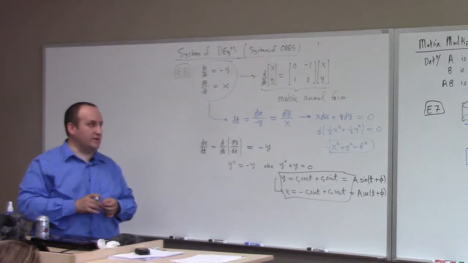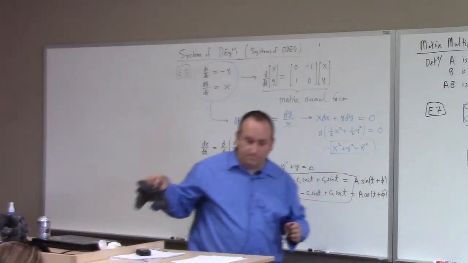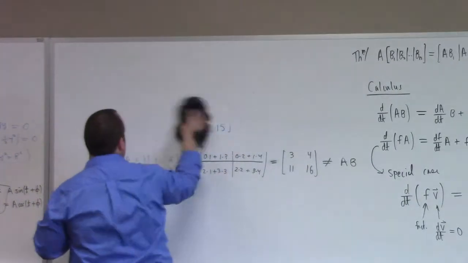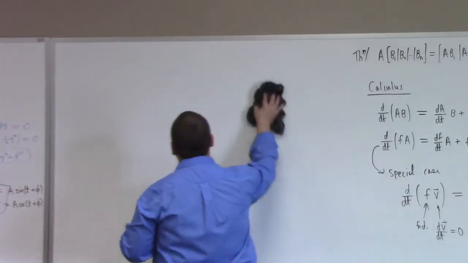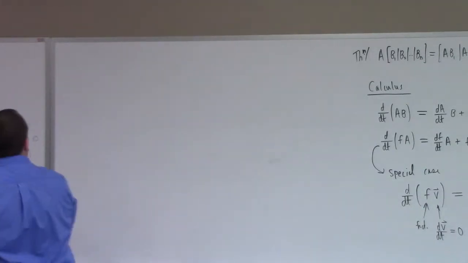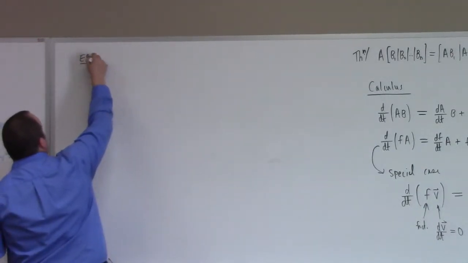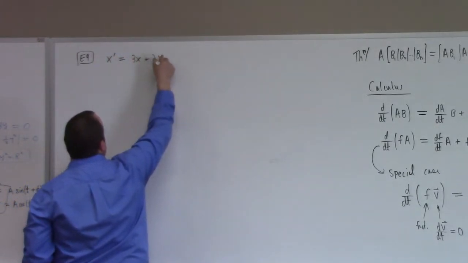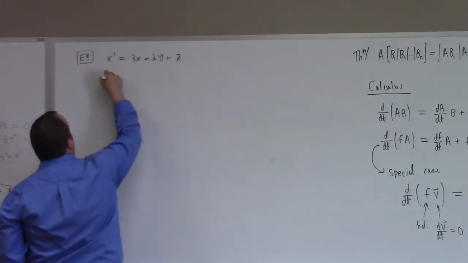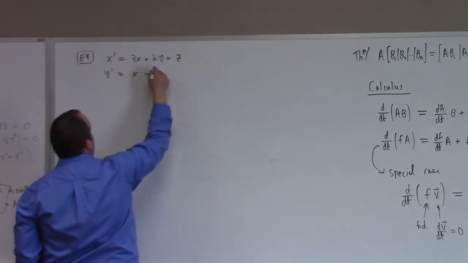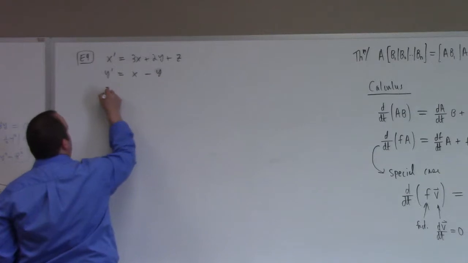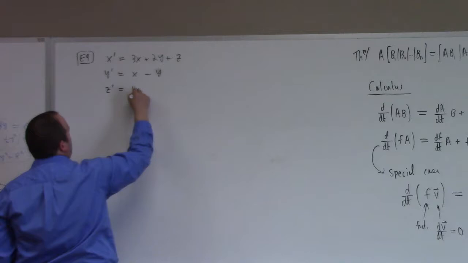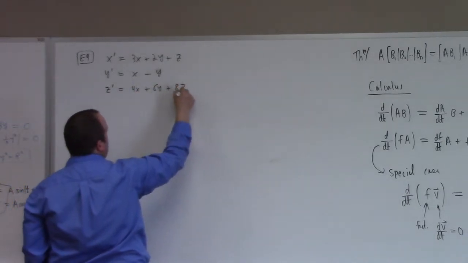Okay, so what if we were going to solve, let's look at another one. Example 9, we might have x' equals 3x plus 2y plus z, y' equals x minus y, and z' equals 4x plus 6y plus 8z.